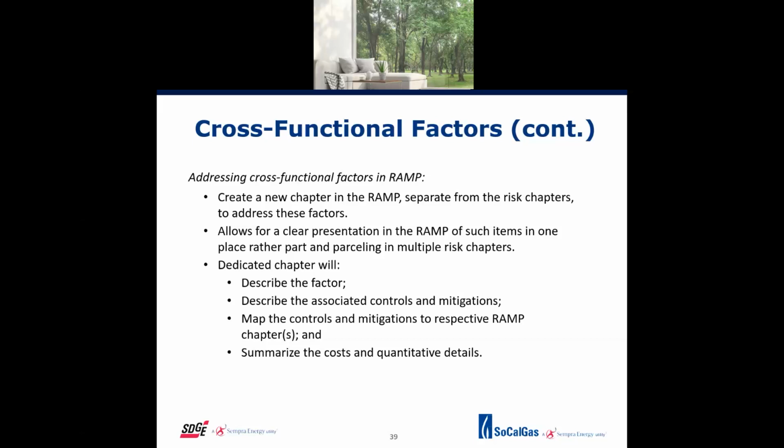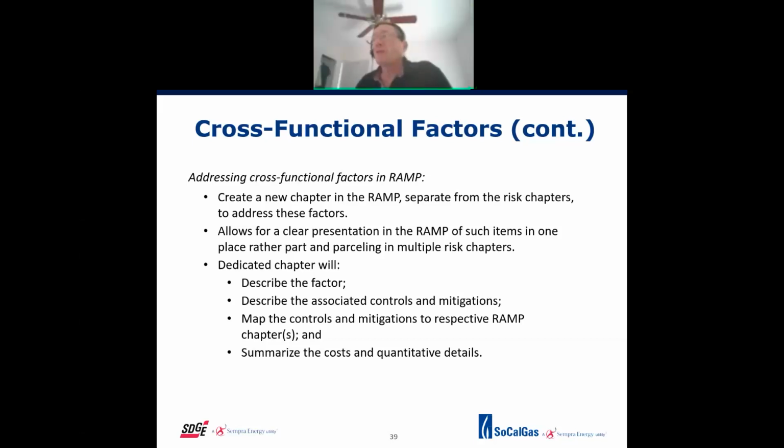Thank you. So again, just going over this slide, and I think we've already mentioned some of it, by having a cross-functional factor chapter, it will allow for clear presentations in the RAMP of items in one place rather than trying to part and parcel them across multiple chapters.